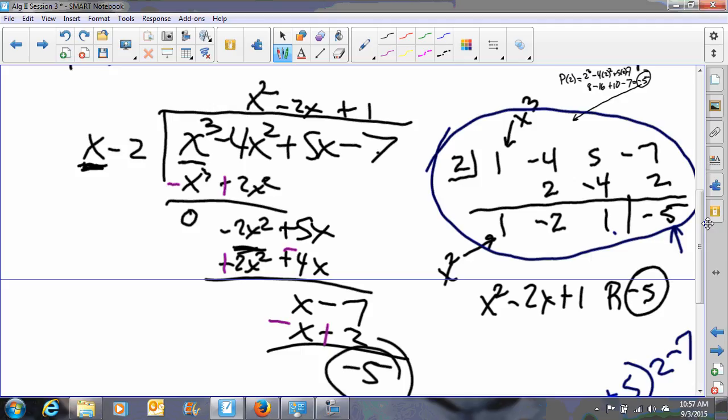Well, if P of C is 0, that means the remainder, from the remainder theorem, when you divided by that binomial was 0, which means that that binomial goes into the polynomial evenly, which means that it's a factor. And so, therefore, the factor theorem is almost an automatic and obvious result of the remainder theorem.